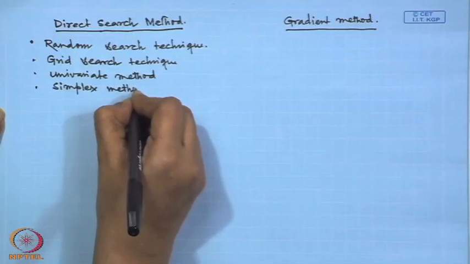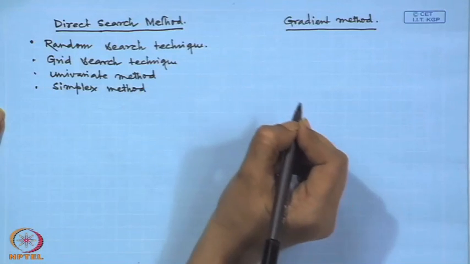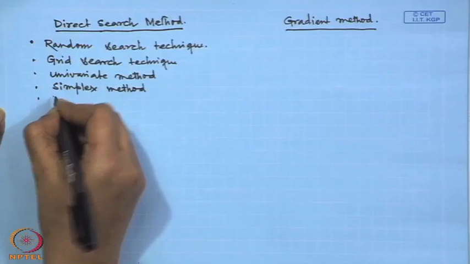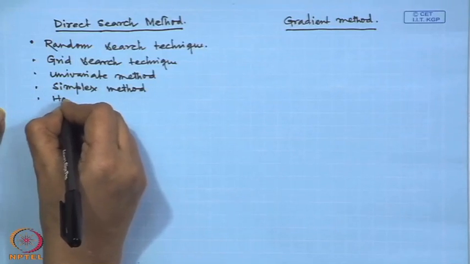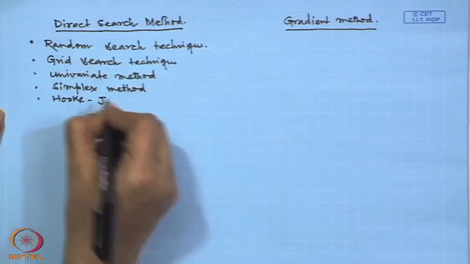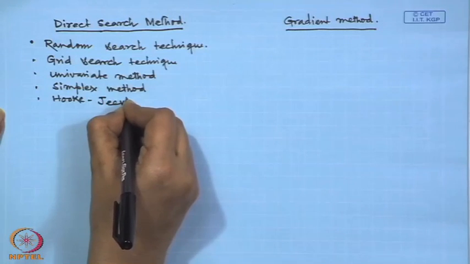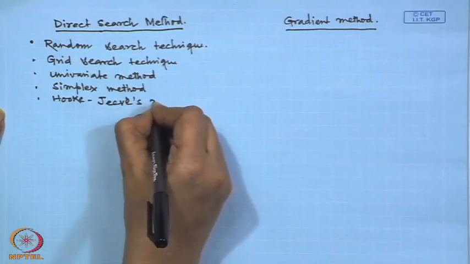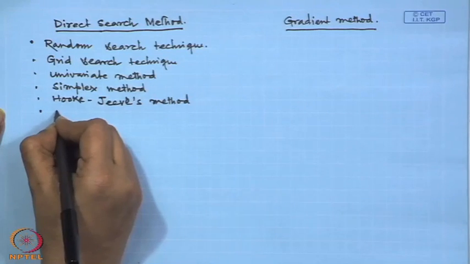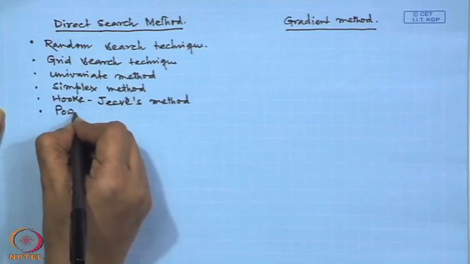This simplex method is different from the simplex method of linear programming problems. In this category we can name another popular method, the Hooke and Jeeves method. And in this direction another method is Powell's method.